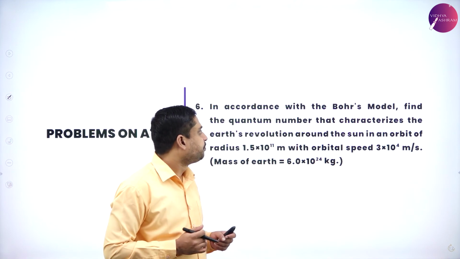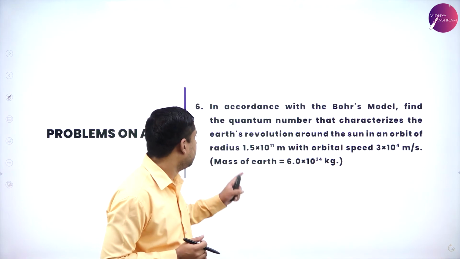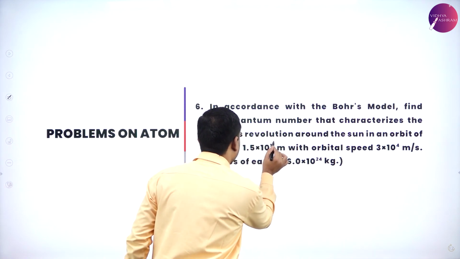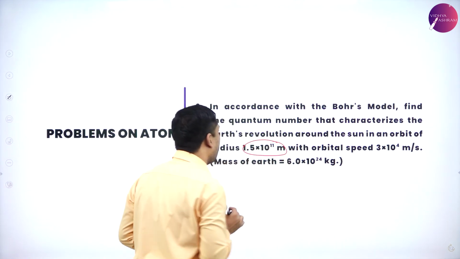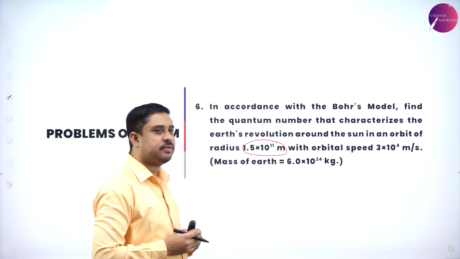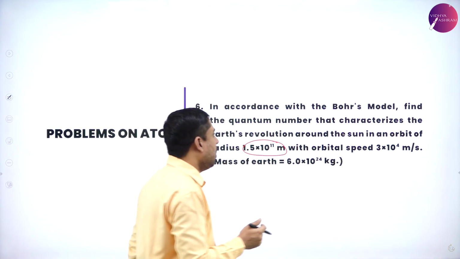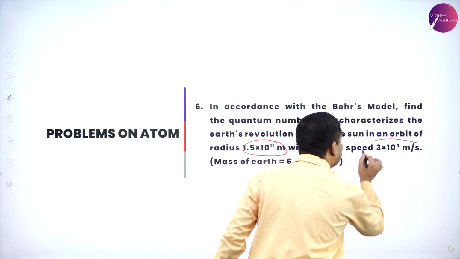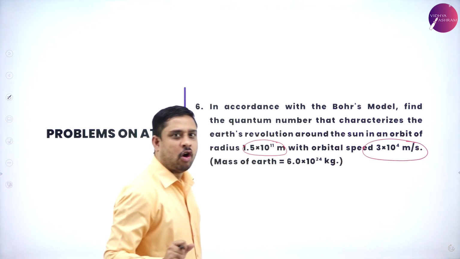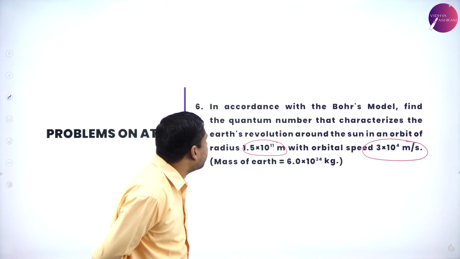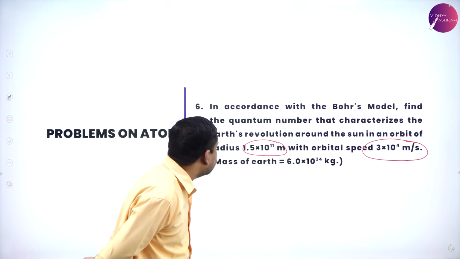Next one. The radius is 1.5 into 10 power 11. The orbital speed of the Earth is 3 into 10 power 4 meter per second.